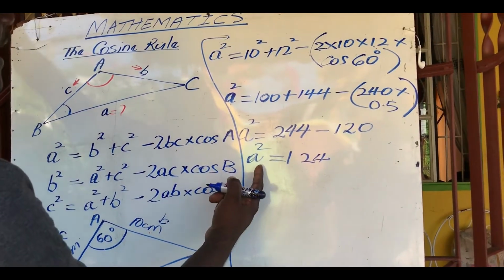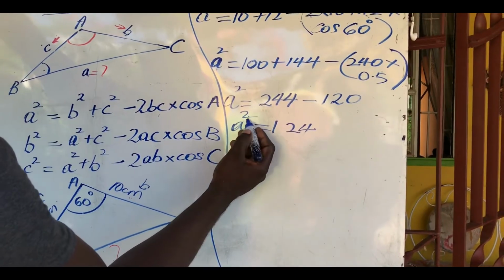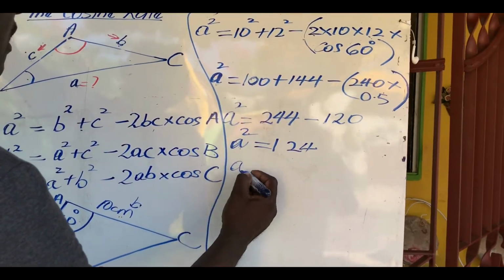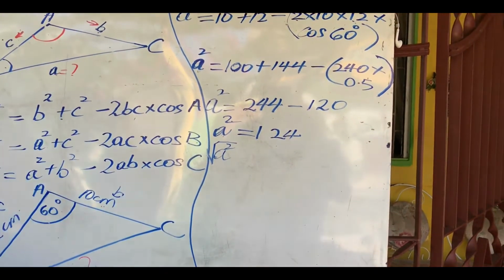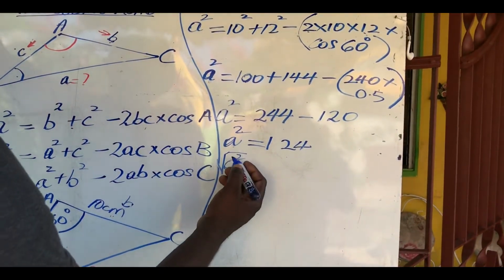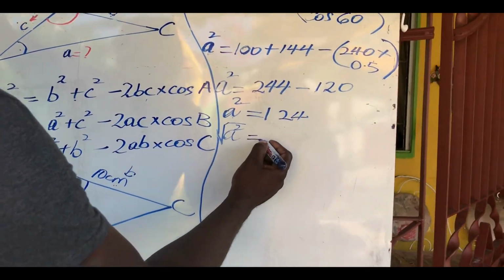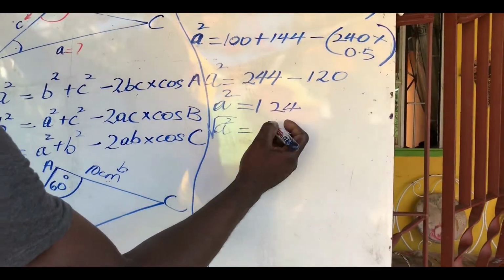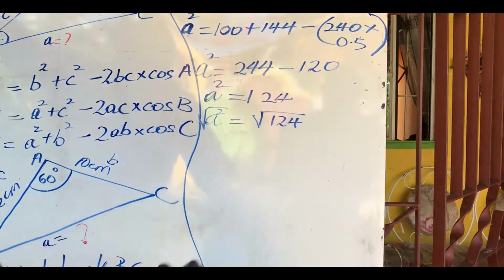Now what we want to find is a, and a is squared here. In order to get rid of the square, simply we need to find the square root. When we find the square root of a squared, we are left with a. Whatever we do to one side must be done to the other side, so we find the square root of 124.